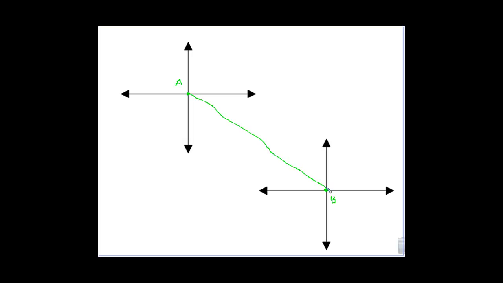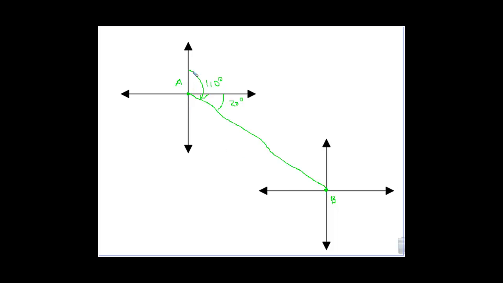So I'm going to be looking at that being the bearing there. Say this angle here would be 20 degrees. So the bearing of B from A, we would say would be 110 degrees.